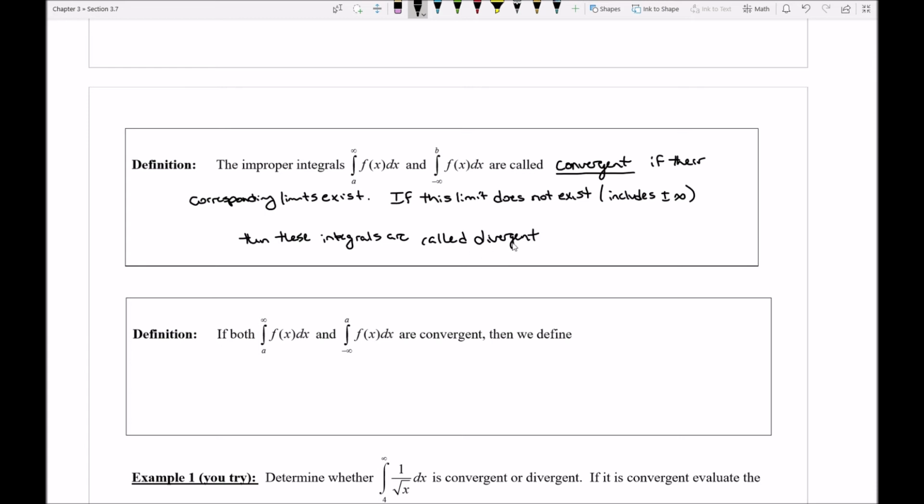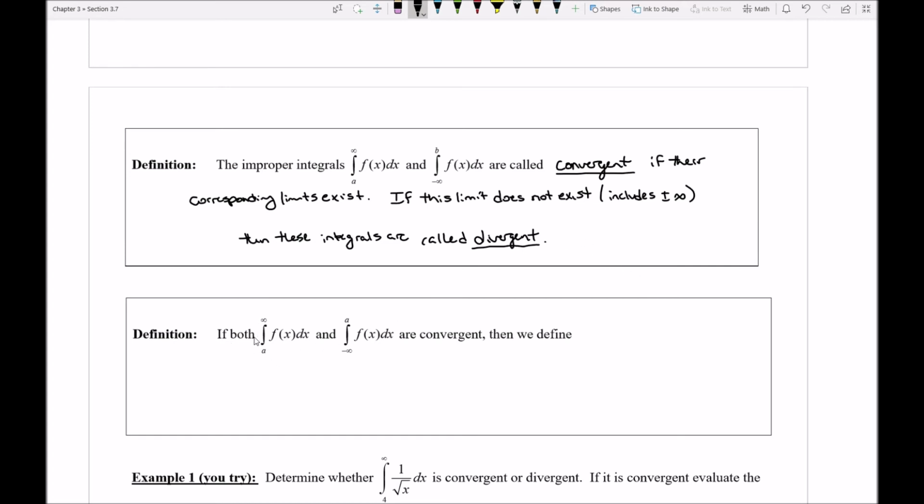So we're just going to have some names that allow us to quickly communicate whether I ultimately have a finite amount of area under a curve, convergent, or an infinite or undeterminable amount of area under a curve, which would be called divergent.